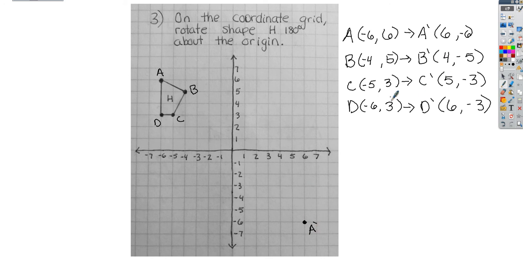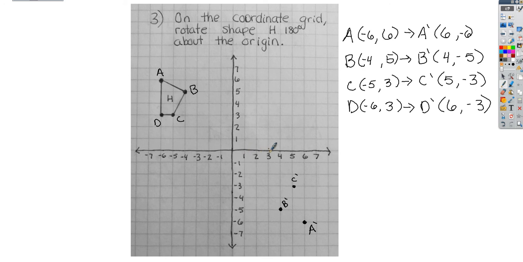Okay, now we're going to do B prime. We go over 4, 1, 2, 3, 4, and down 5, 1, 2, 3, 4, 5. B prime. Now we're going to do C prime, so we go over 5 and down 3. So 1, 2, 3, 4, 5, down 3, 1, 2, 3. C prime. And D prime, we go over 6 and down 3.